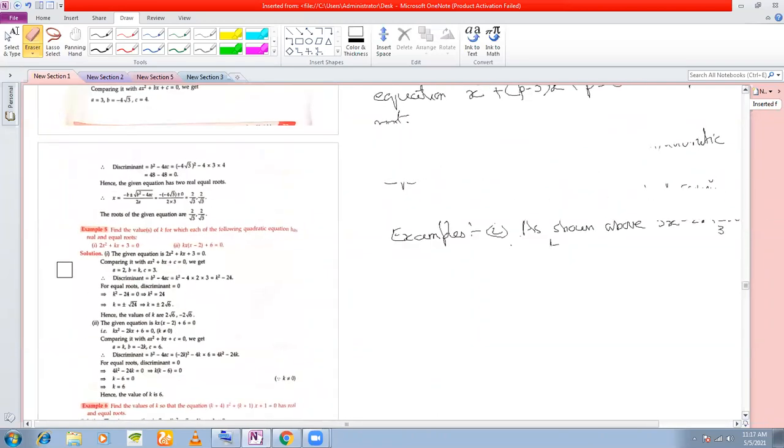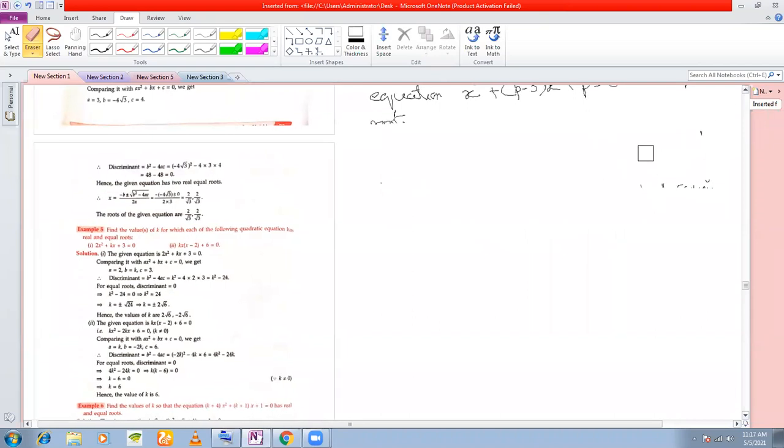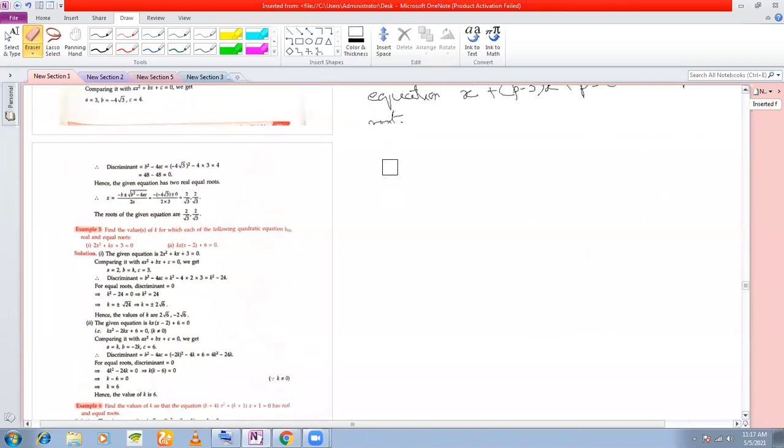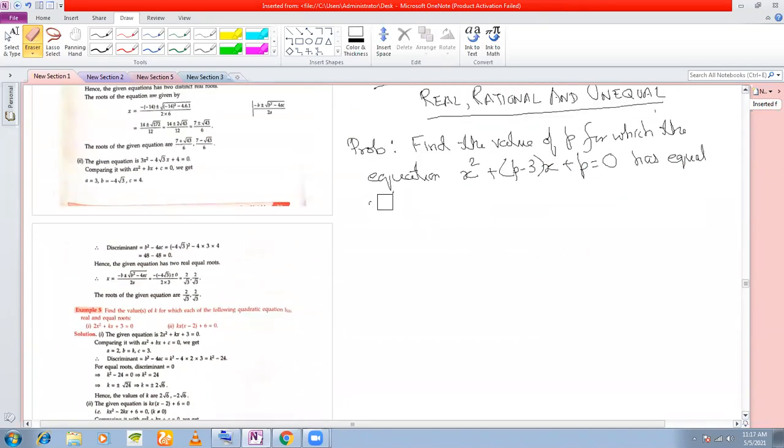So this was our problem. The question was, find the value of p such that this equation has equal roots. So we start by saying the given equation is x square plus p plus 3x plus p is equal to 0.